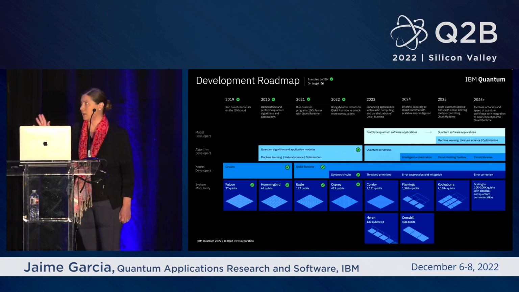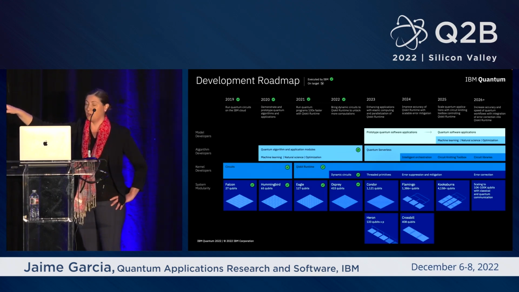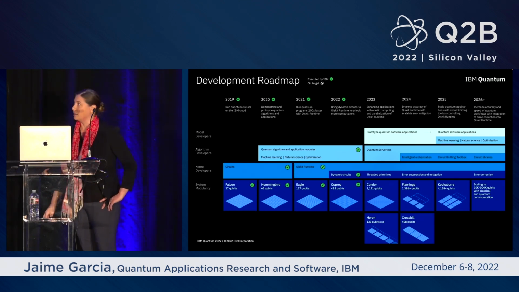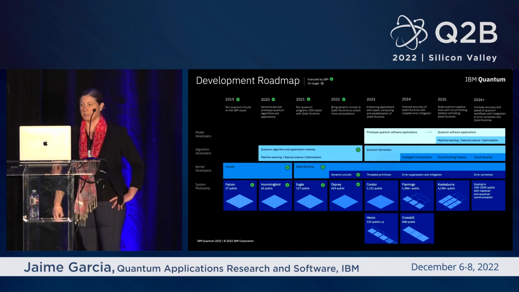So we can leverage those as a part of the circuit knitting toolkit. In addition to that, you can see that there's an error suppression and mitigation line here as well. So we'll continue to evolve what is available in Qiskit Runtime towards that end. And then also continue working with partners and internally on the applications, services, and the quantum software applications.